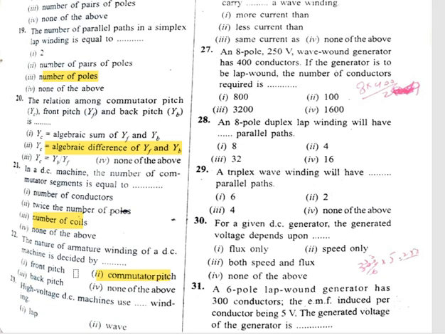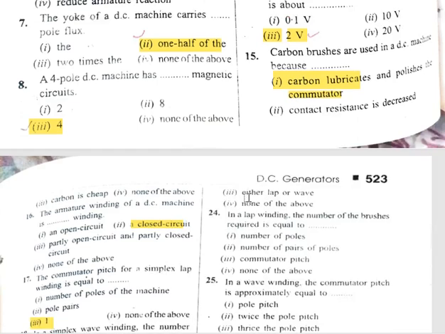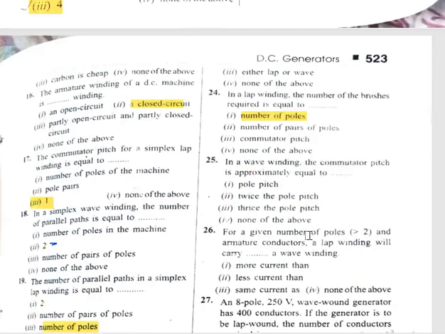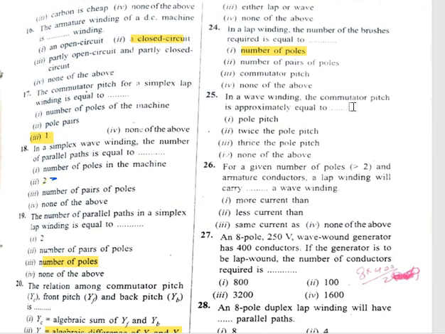High voltage DC machines use wave winding. In lap winding, number of brushes required is equal to number of poles. In wave winding, commutator pitch is approximately equal to twice the pole pitch.